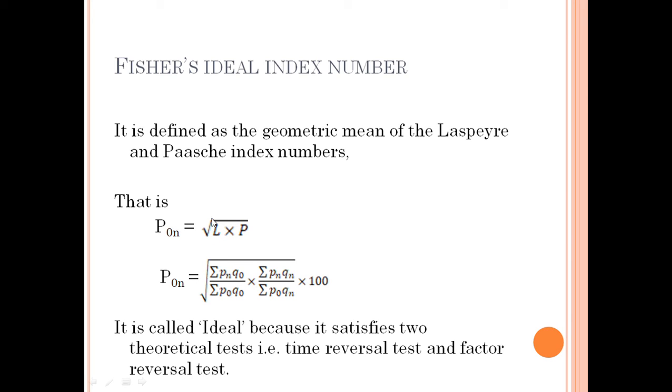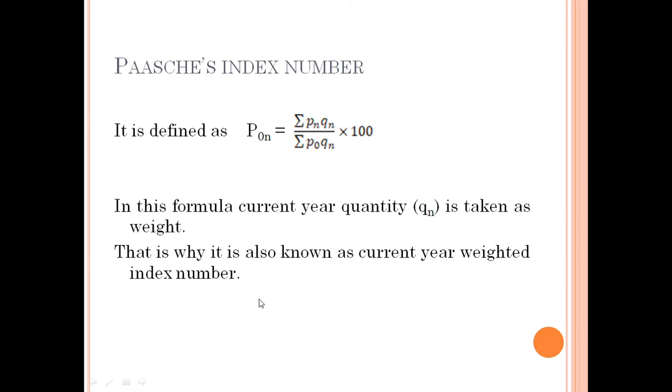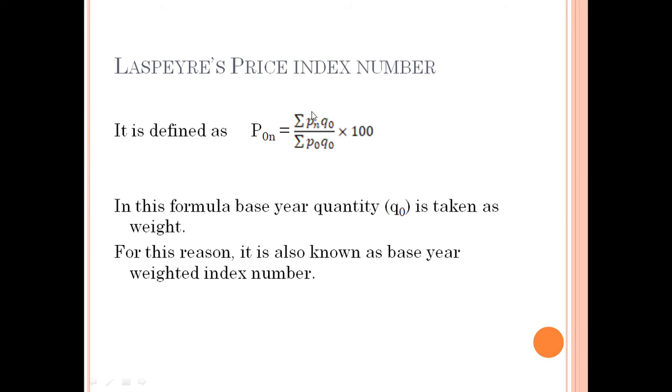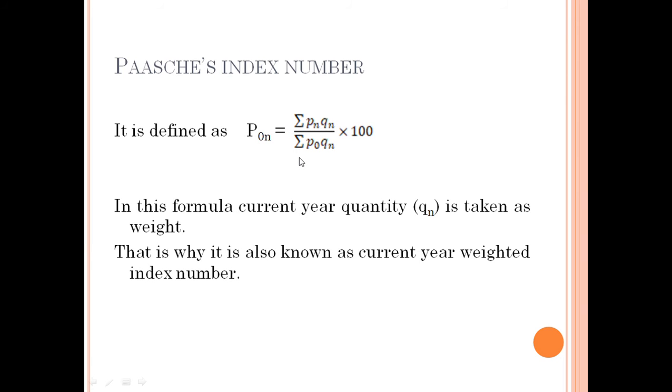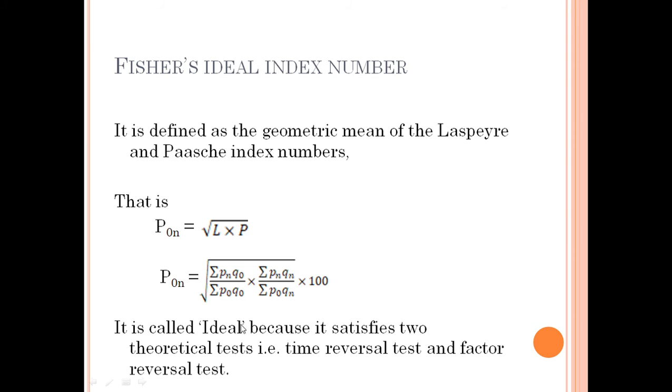So we will take the square root of the product of Laspeyres's and Paasche's. Here we have put the values of the formulas of Laspeyres's and Paasche's in Fisher's formula, and after putting the values we get this formula.